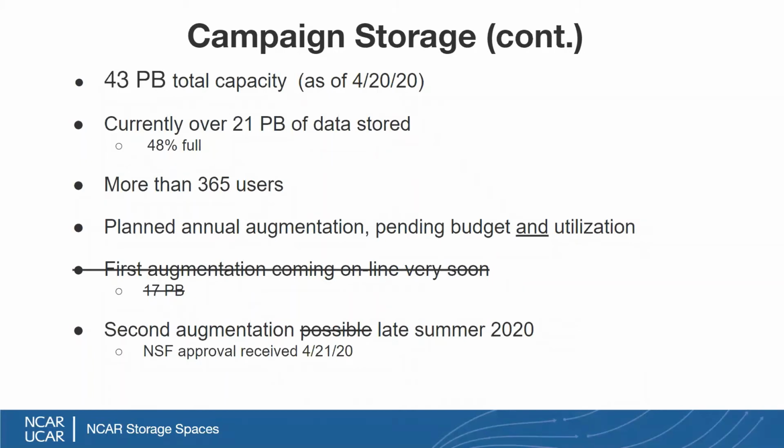Something we're very happy to announce too is that the second augmentation, which normally would have been planned for next year, has already been approved by the NSF, and we expect it will be deployed and available later this summer. It's expected to be an increase of 24 petabytes.